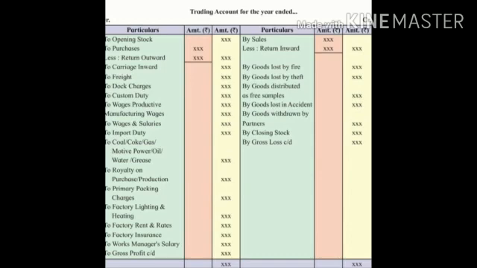Debit balance of trading account is called gross loss. Credit balance of trading account is called gross profit. Then this gross profit or gross loss is transferred to the profit and loss account. If there is gross profit, we transfer it to the credit side of the profit and loss account. If there is gross loss, we transfer it to the debit side of the profit and loss account.